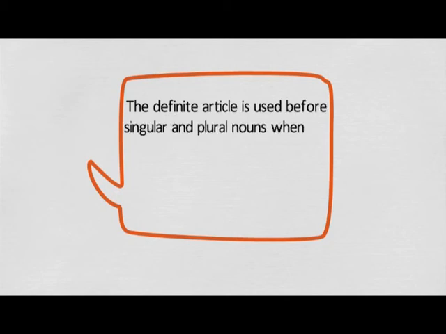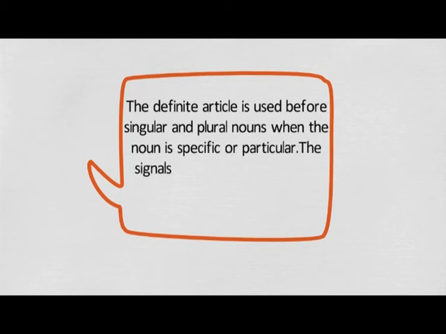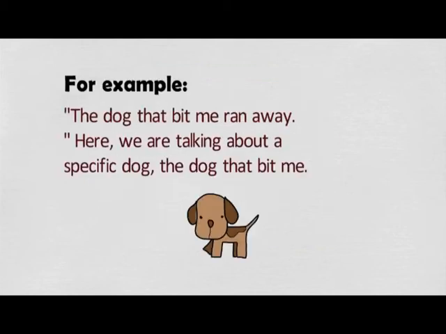Definite article, the. The definite article is used before singular and plural nouns when the noun is specific or particular. This signals that the noun is definite, that it refers to a particular member of a group.